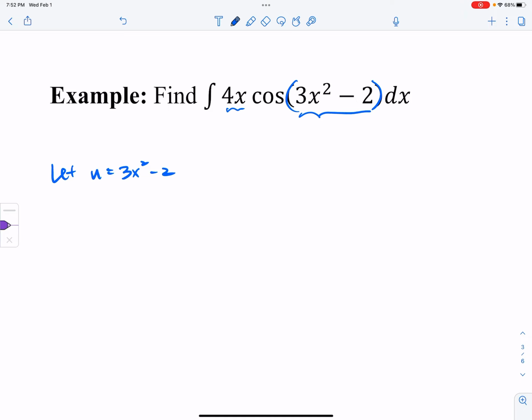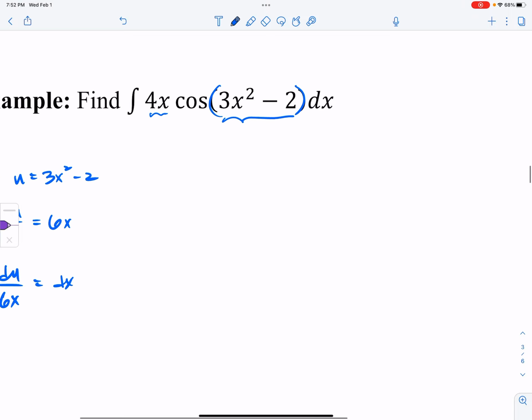So we know that when we take the derivative of u with respect to x, we're going to have something left that will cancel. So that's 6x. So solving for dx, we get du over 6x equals dx.